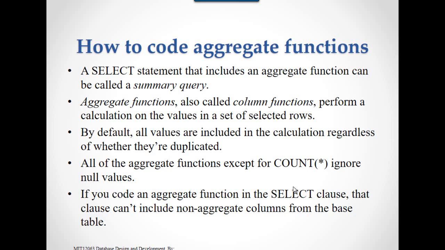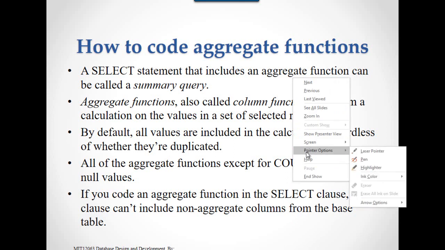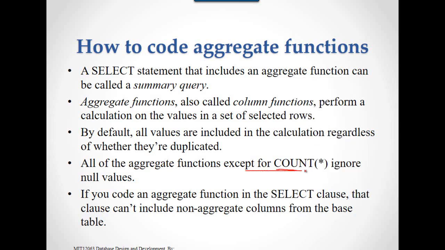And all of the aggregate functions except for count all, the asterisk means all, ignore null values. So if you want to count, here you see it has an asterisk, which means it is called count all, and it does not ignore null values.